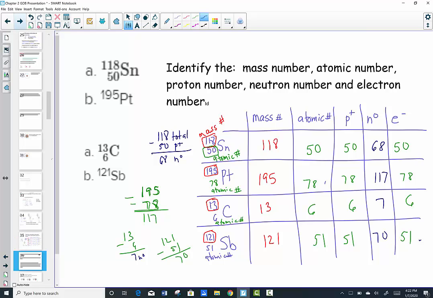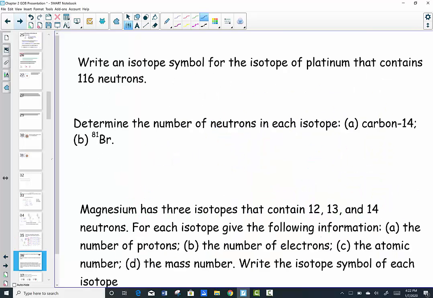What's the isotopic symbol for the isotope of platinum that contains 116 neutrons? All right, so we need the periodic table. Find with me the element platinum on your periodic table. It might be a hunt and peck, but you've got to find it.